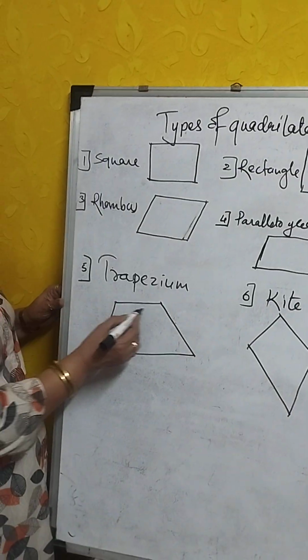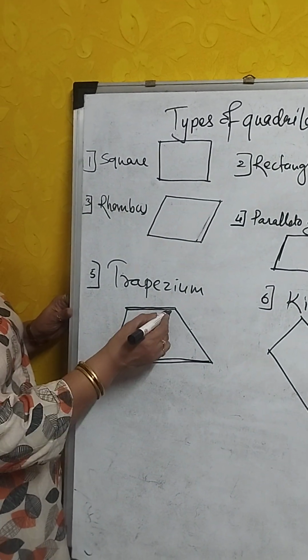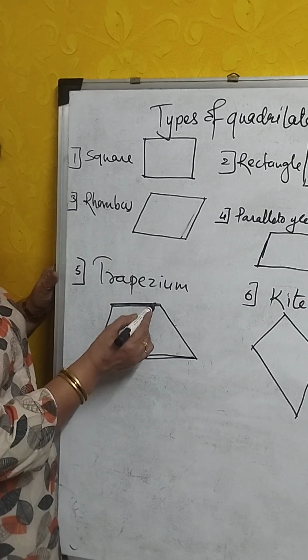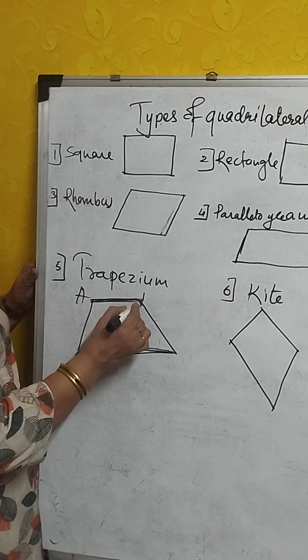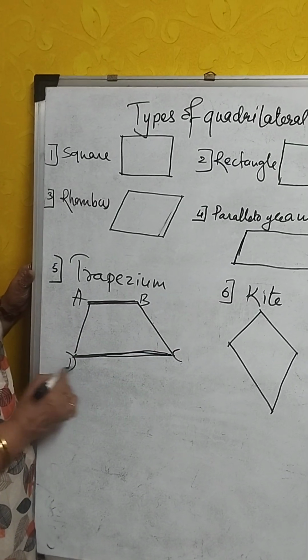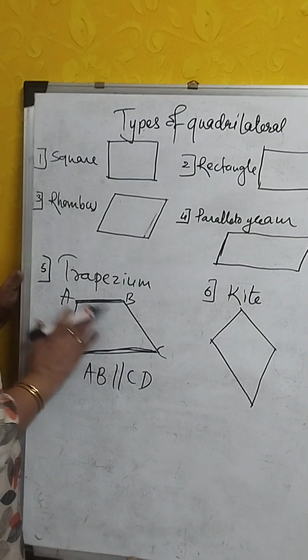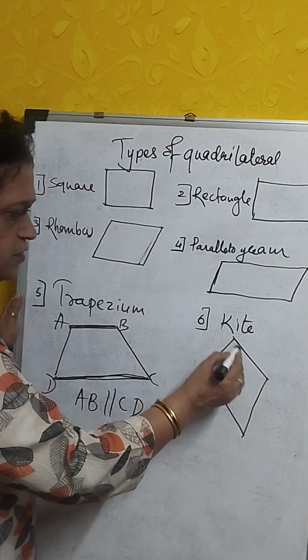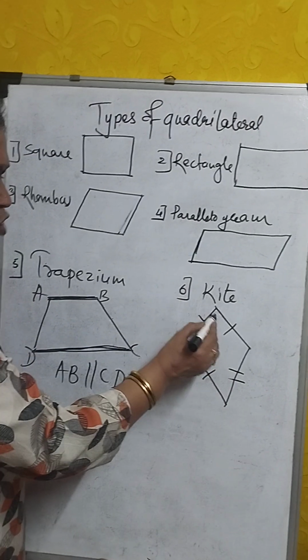Trapezium. What is a trapezium? One pair of opposite sides is parallel. If suppose this is ABCD, then AB is parallel to CD. This is a trapezium. What is a kite? Two pairs of adjacent sides are congruent.